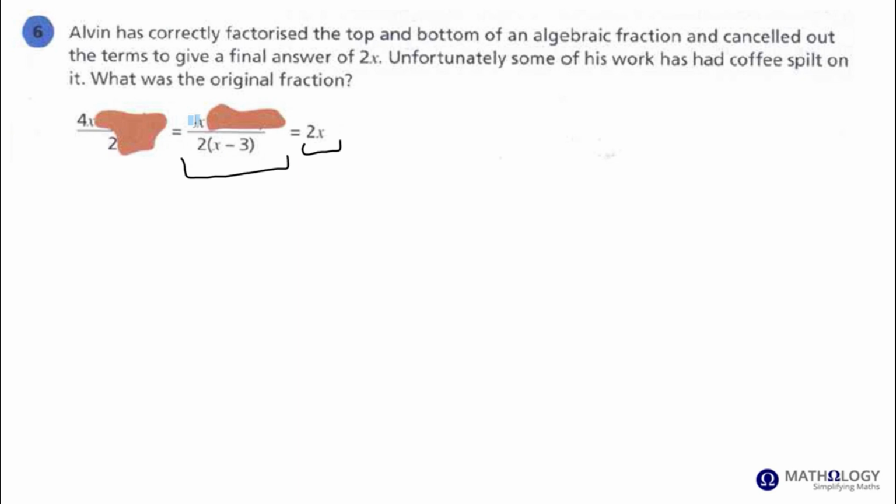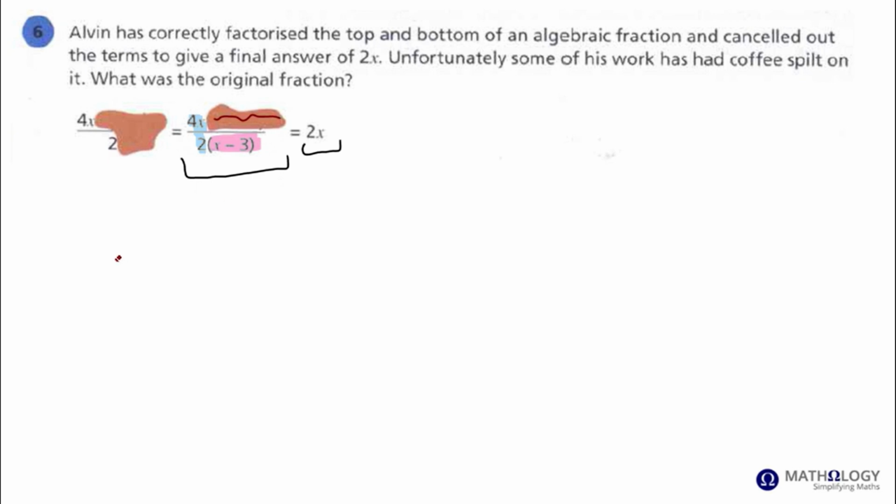Now, in order to get 2x, we can clearly see that 4x divided by 2 would give us 2x. That means whatever has been erased here must be identical to x minus 3 because he's cancelled out common brackets. So this over here has to be x minus 3.